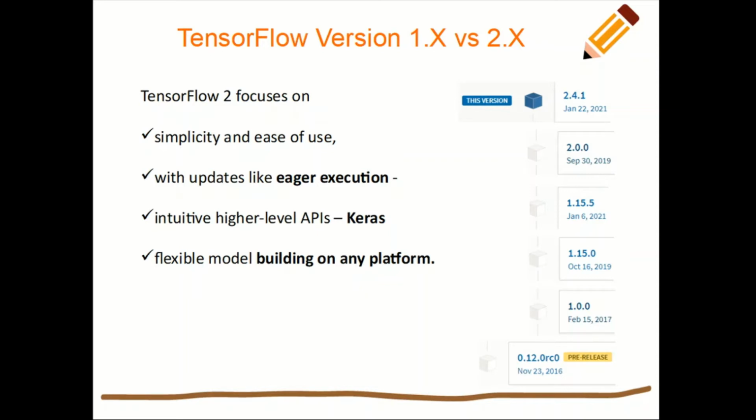Okay. In version 2.x, they came out with this imperative paradigm. So what is an imperative paradigm? Imperative paradigm is something like Python. You know, in Python we execute line by line, correct? So exactly the same thing. In version 2, the execution of the program is line by line, and that is also known as eager execution.